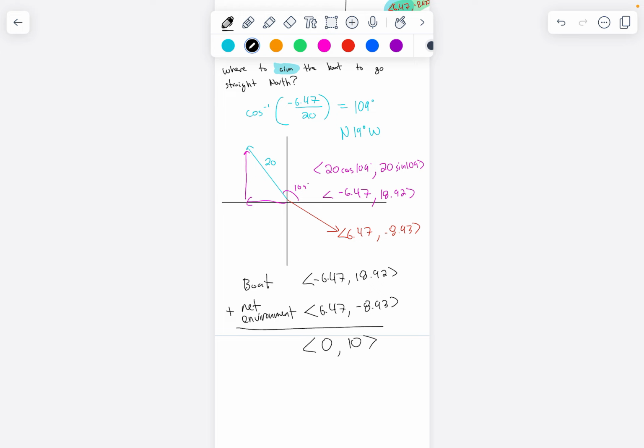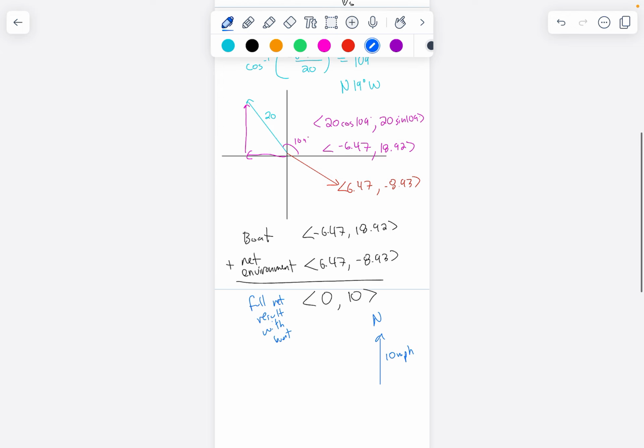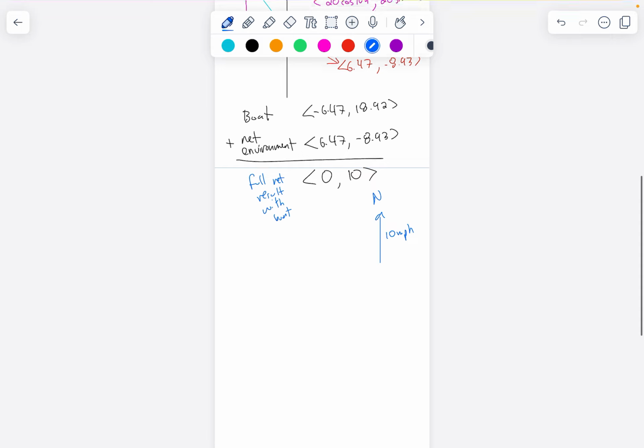What does this mean? Okay, our boat, the actual path, so the full net result with the boat force taken into account for, is our boat's going straight this direction. Delightful. It's going straight to the north, and it's doing it at 10 miles per hour. All these forces, they all just combine, and the path of the boat is 10 miles per hour north.